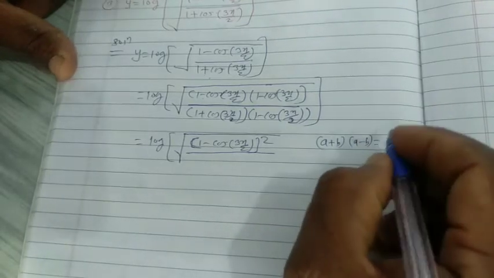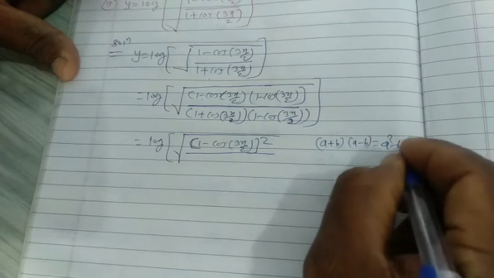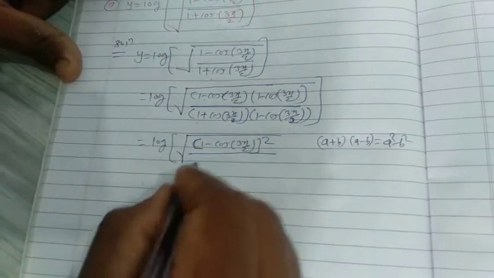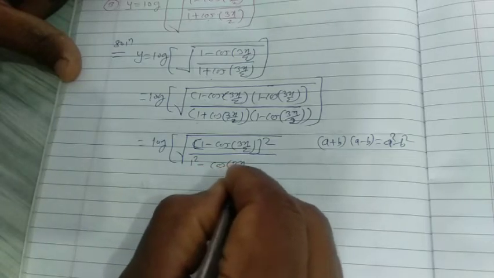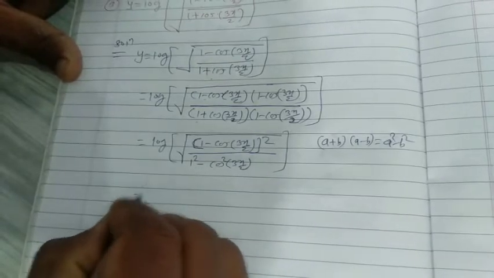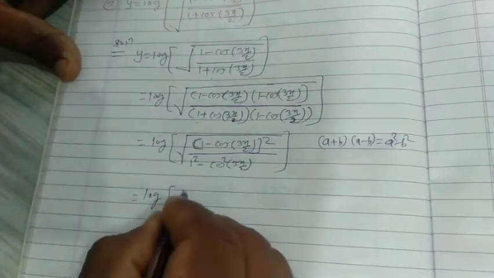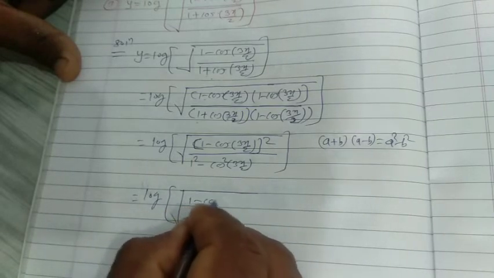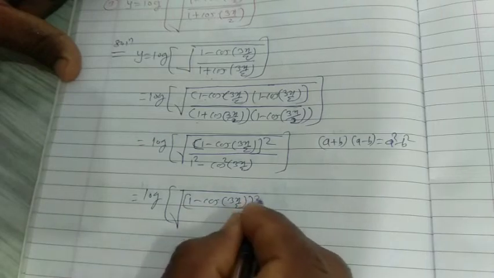By using this, we know the formula is a square minus b square. That means at the denominator we write 1 square minus cos 3x upon 2 square. That means log of, at the numerator in a square root, 1 minus cos 3x upon 2 bracket square.